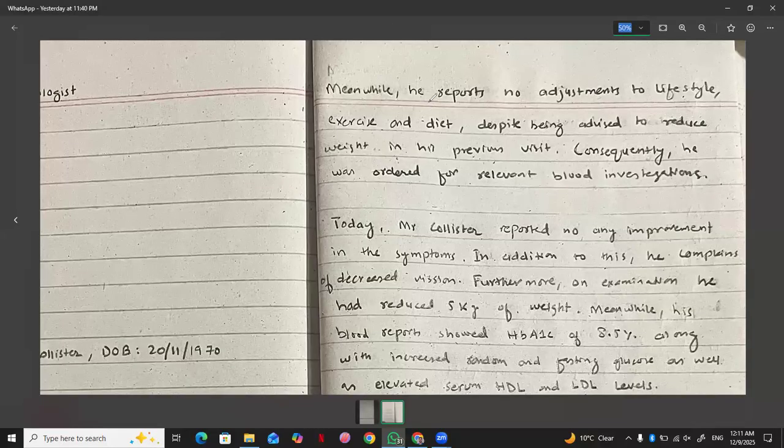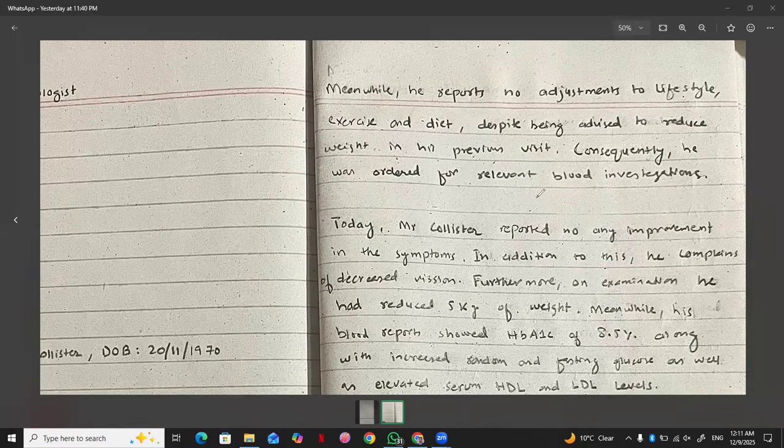Meanwhile, he reports no adjustments to lifestyle, exercise, and diet despite being advised to reduce weight in his previous visit. Consequently, he was ordered for relevant blood investigations. Okay, see, he can't be ordered, right? You cannot order the patient, like I am ordering you, go and do that.